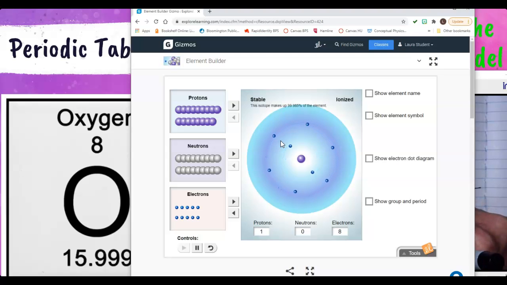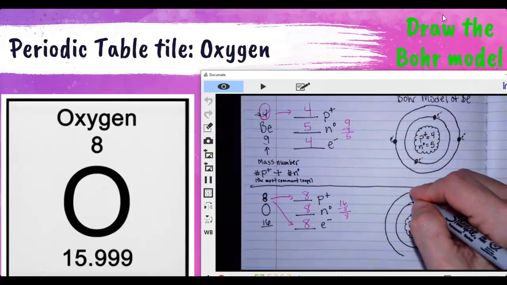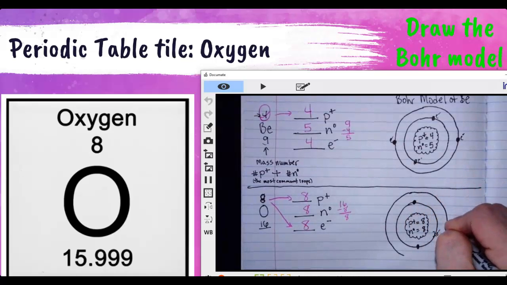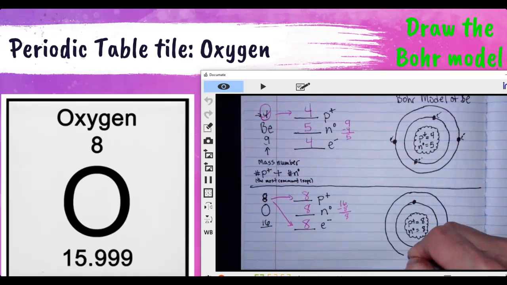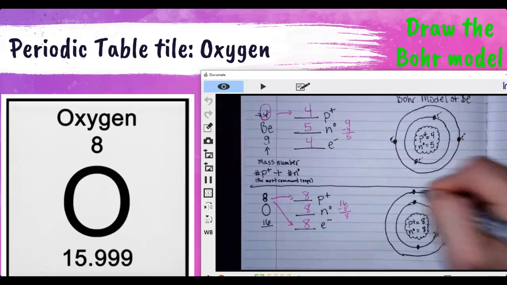Okay, so I'm going to go ahead and draw this and add the remaining electrons into the second energy level. Okay, so I'm going to be drawing a total of 6 electrons here, all right? And I'm going to spread them out.